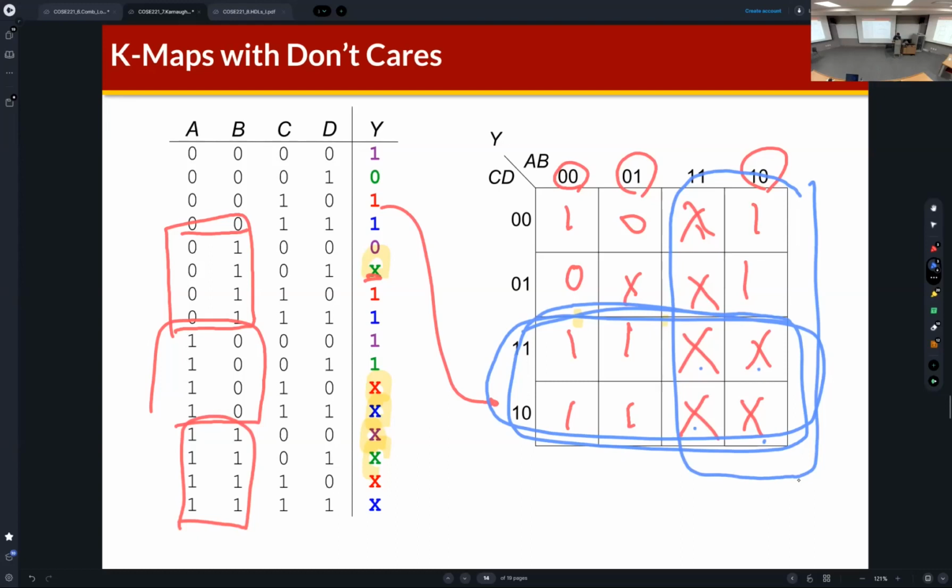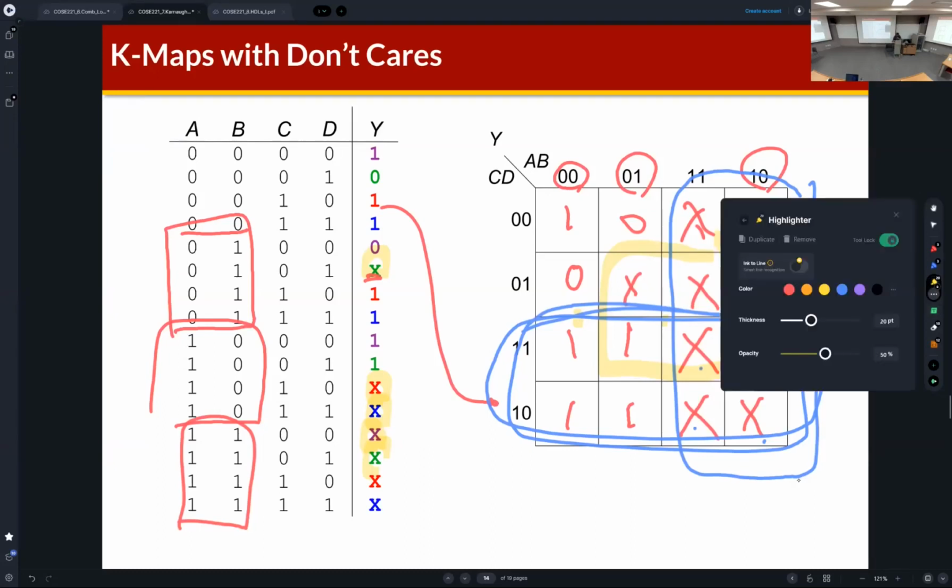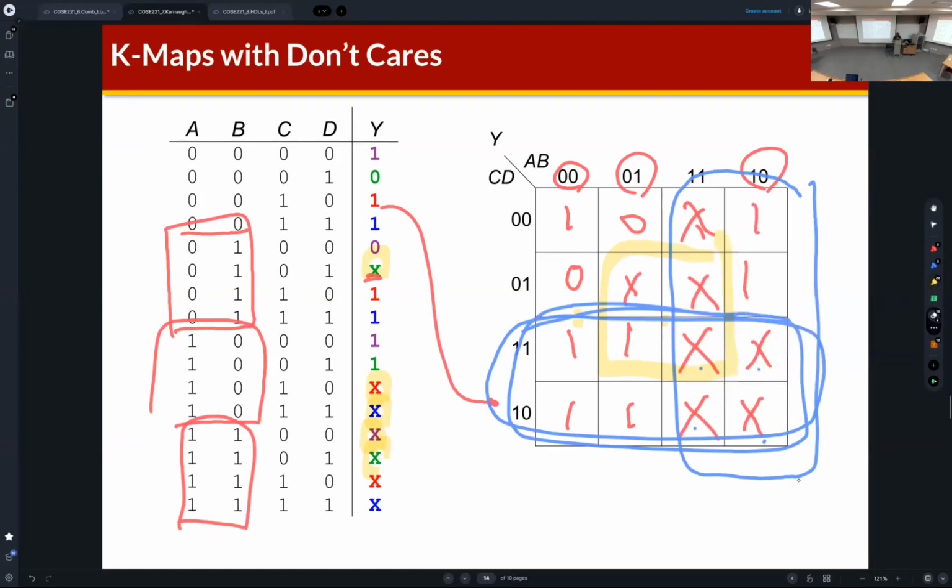Oh, then you may think, oh, we can make the large circle like this, but is it required? No. Why? We don't make the large circle because this X is included, the ones are also included. So we don't need to include this X. So we don't need to generate another large circle like this. So actually this is not required.